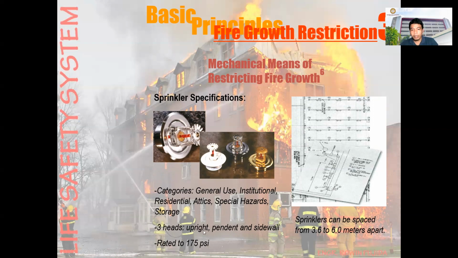For the heads, you have upright, pendant, and side walls, and it is rated to 175 PSI, or pounds per square inch. The sprinklers can be spaced from 3 to 6 meters apart, or 3.6 to 6 meters apart, since a sprinkler can cover at least 10 to 20 square meters.